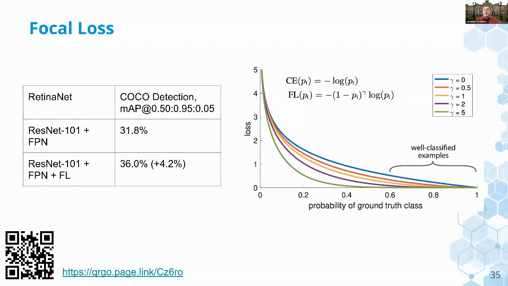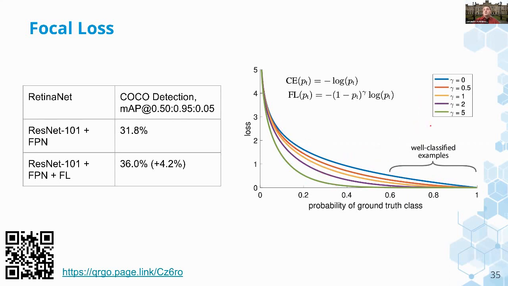So the authors added a simple weight coefficient into cross entropy loss, which downweights the contribution of such well-classified examples to our loss, and hence makes the optimizer concentrate more on these hard samples.